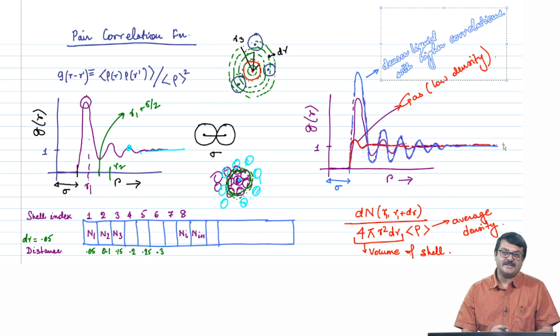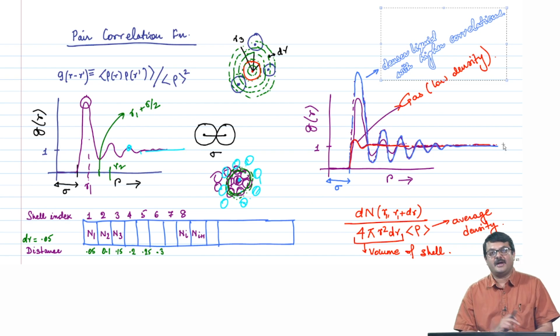By the way, whenever I say large distances, please keep in mind that the largest distance that you can calculate is L by 2, which is half the length of the box.